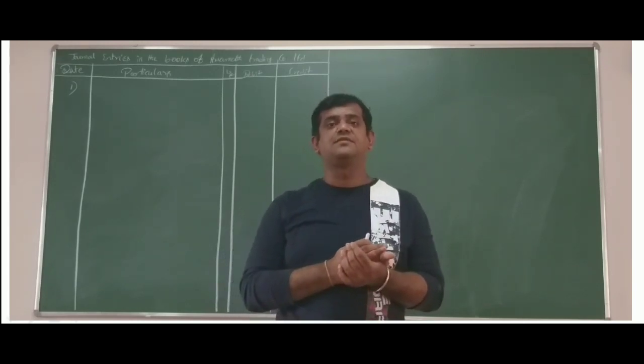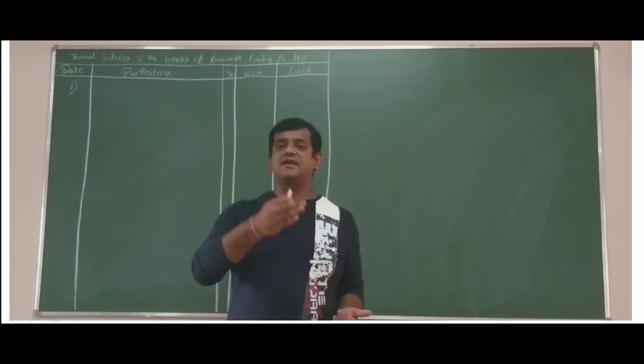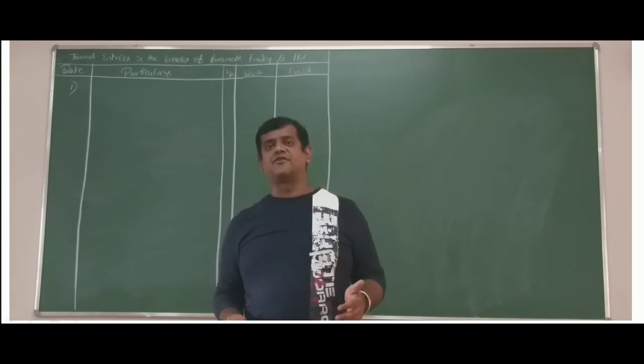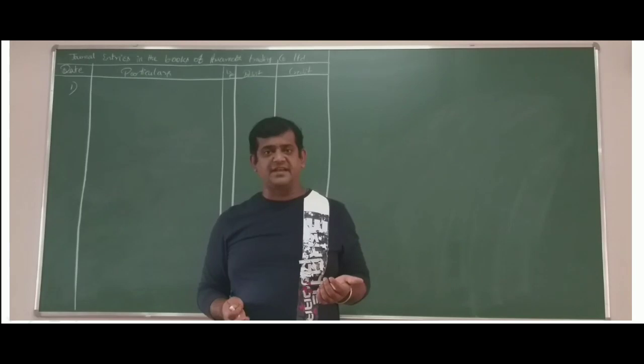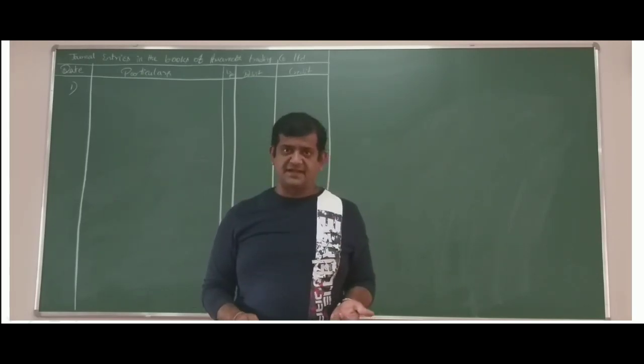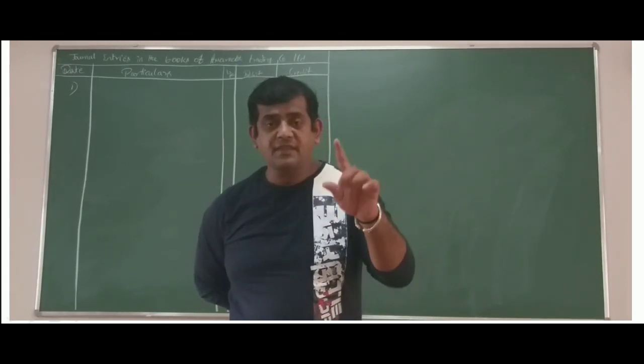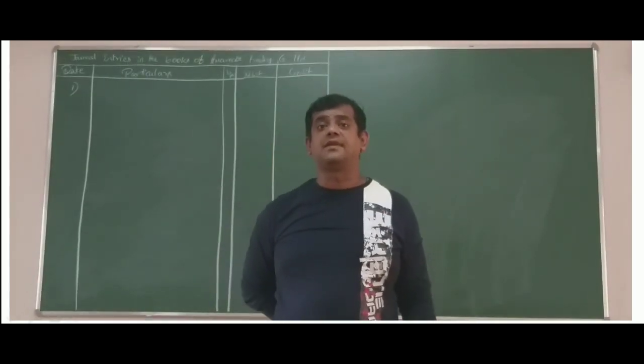Through where have the public paid the money? Through the bank. From where has the company received the money? From the bank. Which money have they received? That is the first one, that is application.